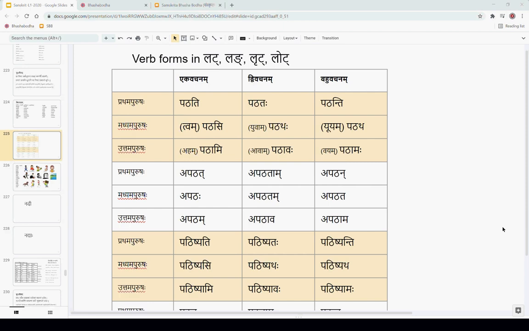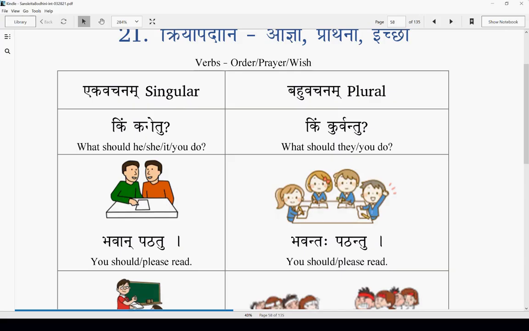The same applies with the lot lakara also, any lakara also. This is the same rule. So when karotu is in the prathama purusha, like karoti, what could be the kartrupadam here? It could be anything other than aham and tvam, because karotu is in the ekavachanam, prathama purusha.